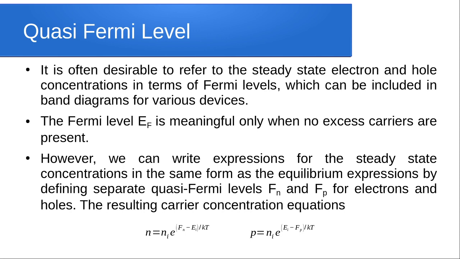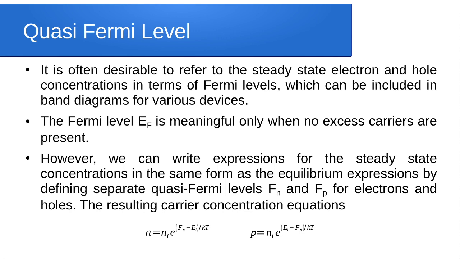n is equal to ni e raised to, earlier it was EF minus EI by kT. In place of EF we are writing Fn, which is the Quasi Fermi level for electrons. Similarly, the number of holes p is equal to ni e raised to EI minus EF by kT was our earlier equation.